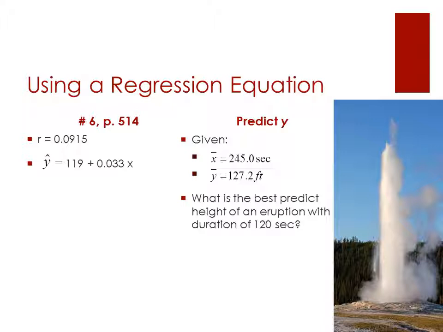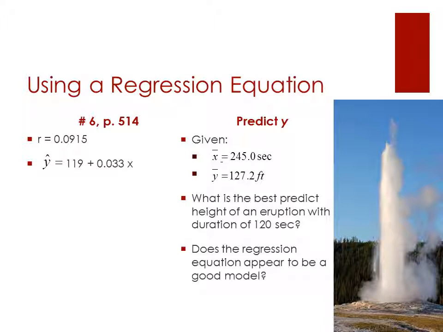Okay, so we have that set up, and then we're told that our equation is y-hat equals 119 plus 0.033 times x. So there's our correlation, and there is our regression equation. And we're given that our x bar, our mean of x, is 245 seconds, and our mean of y is 127.2 feet. So we want to ask ourselves, what is the best predicted height of an eruption with a duration of 120 seconds?